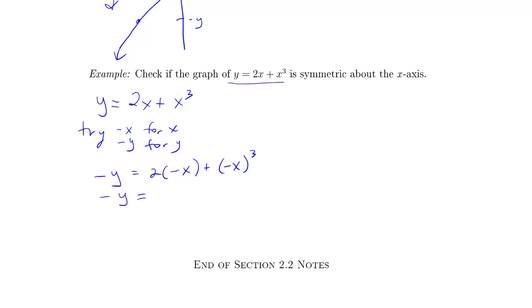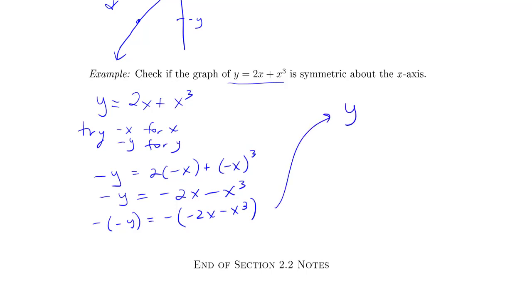Negative y is negative 2x minus x cubed. It doesn't look like it yet, but I could multiply both sides by negative 1. I'm allowed to do that.